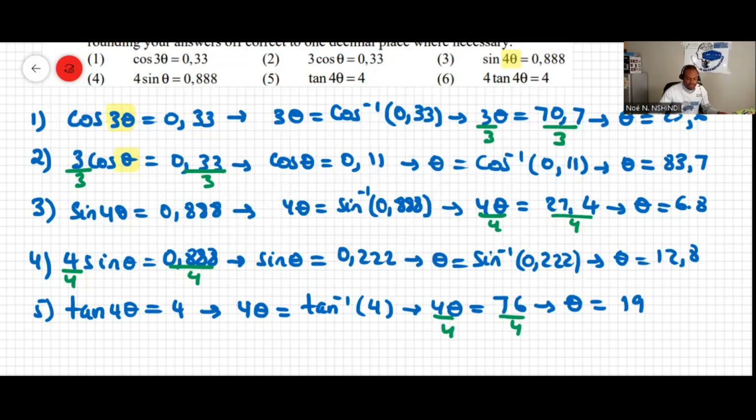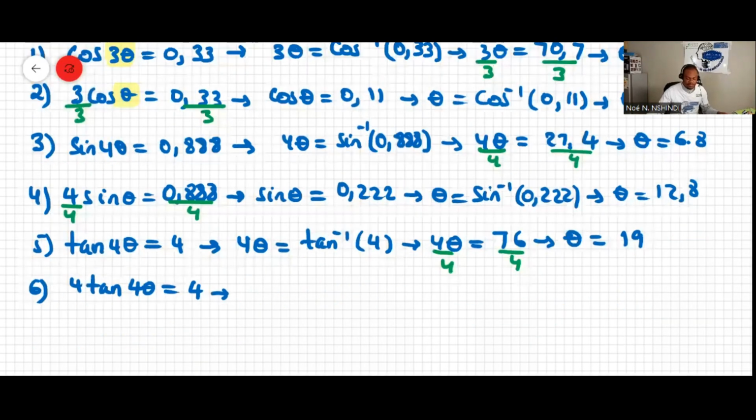Then we can also do question 6. Question 6 says 4 tan 4 theta equals 4. Again, in this case, we have a coefficient there, so we first get rid of it. We divide by 4, and this makes tan 4 theta equal 1.